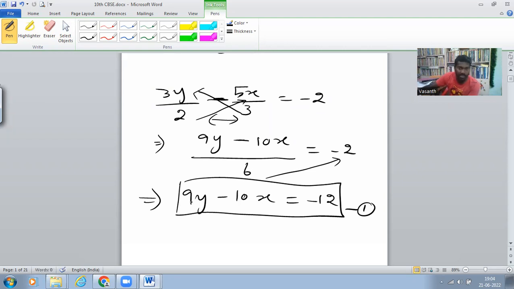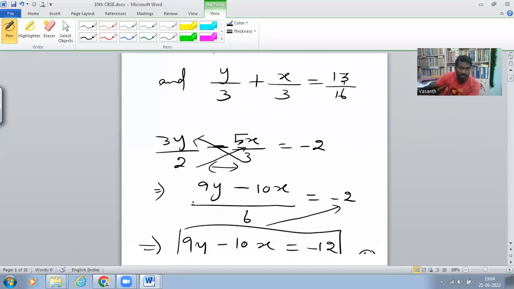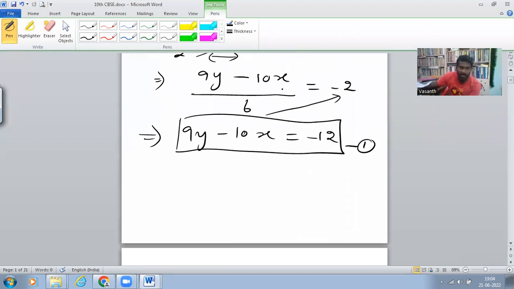Likewise, the second equation which is given in the question, we also have to take the LCM. See here, in the second equation, it is y by 3 plus x by 3 is equal to 13 by 6. Since both the denominators are the same, here also 3, here also 3, we can directly add them, like fractions. So y by 3 plus x by 3, when adding these two rational expressions, it is very simple. The LCM is 3 only because both the denominators are the same. Like fractions, so the numerator is y plus x.